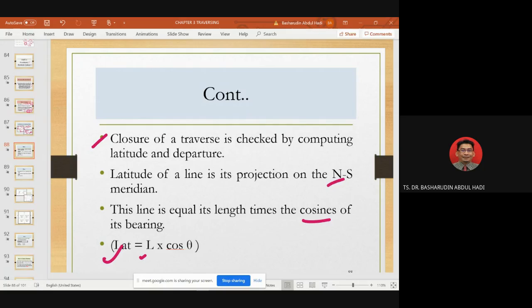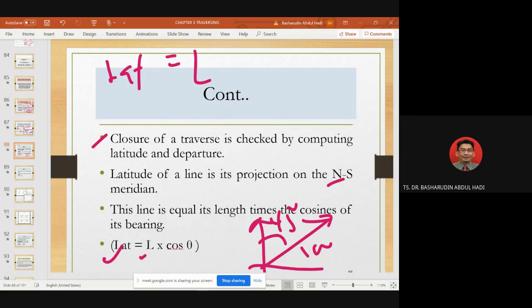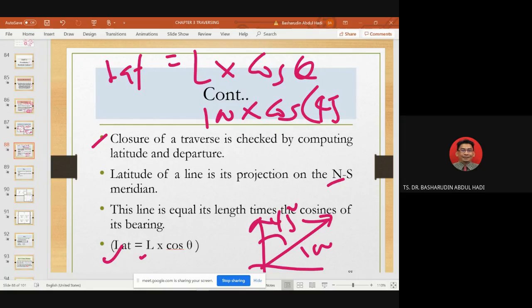For example, you have a 45 degree bearing and the length is 100 meters. So to get the latitude coordinate, latitude is equal to L times cos theta. So L is 100 times cos of your angle, 45 degree 0 minute 0 second.